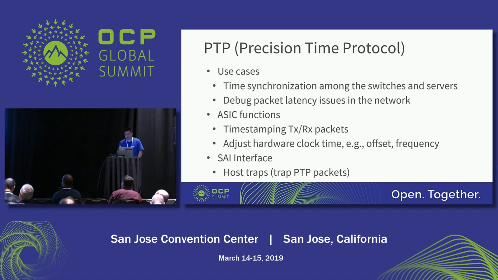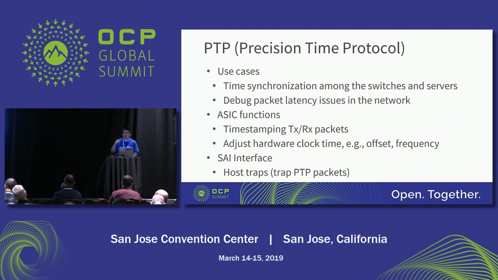So from the ASIC perspective, to support PTP, we need two main functions. One is to be able to do hardware timestamping for the TX and RX packets. The other one is to be able to adjust the hardware clock, for example, the offset and the frequencies, so I can provide the correct timestamping on the packet.